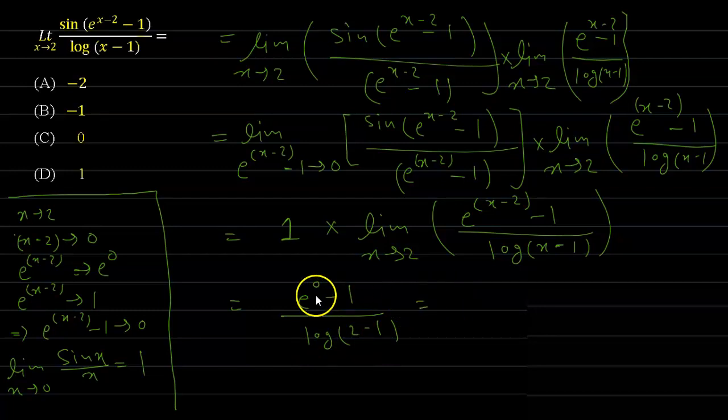The value of e to the power 0 is 1, so the numerator is 1 minus 1, which is 0, and the denominator is log 1, which is also 0. So it is the form 0 by 0, which is an indeterminate form.